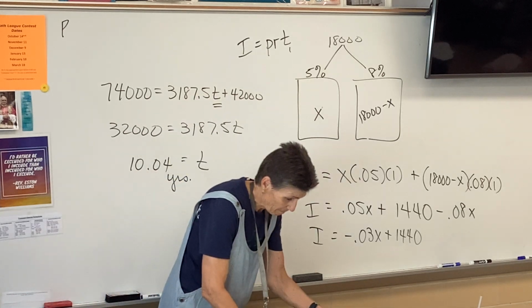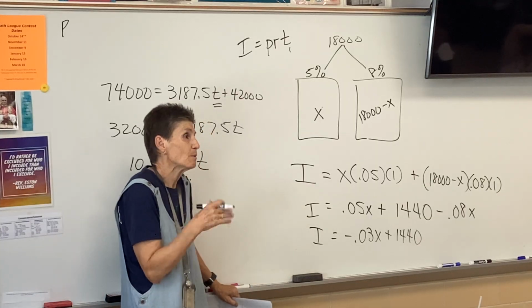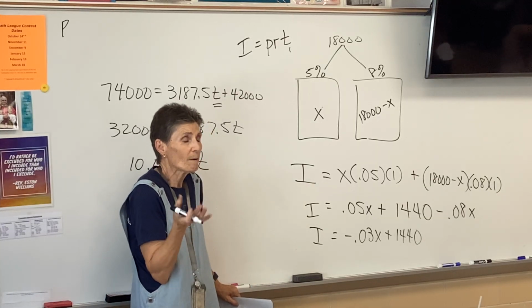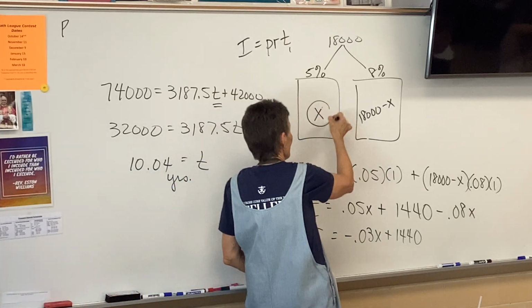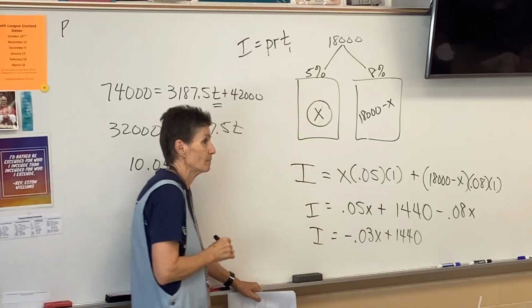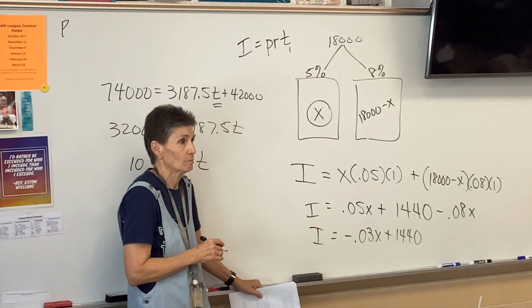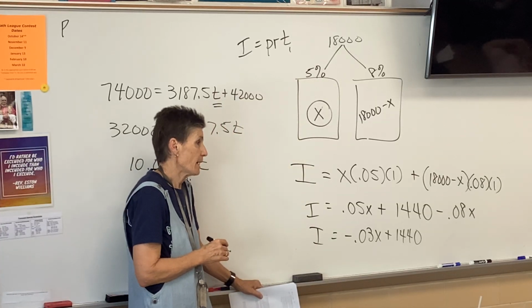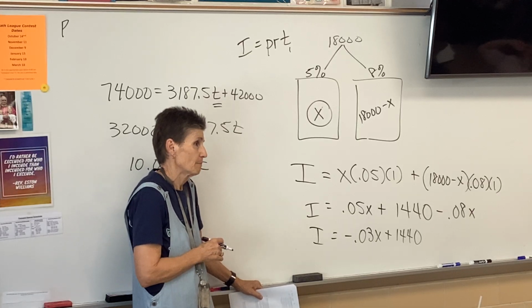All right. Now, I skipped part A, and A was kind of important. What are the possible values of X? So remember, X is the money in this container. Could X be negative 92? No. Could X be 100? No. Could X be $1 million?